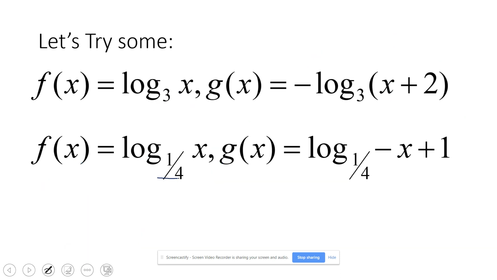Our second example has a base of 1/4. And we had, this should probably have parentheses here, 2 things happening to it. This is going to be a y-axis reflection.